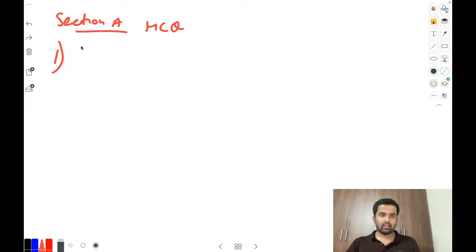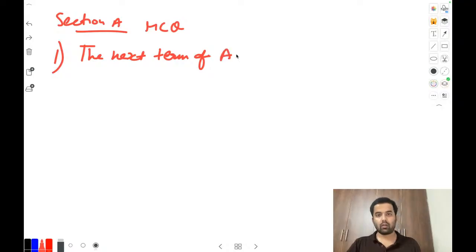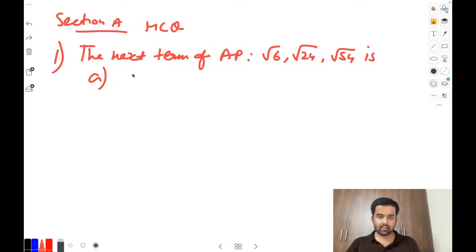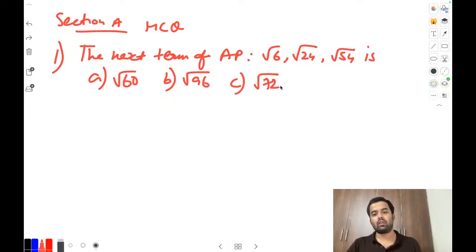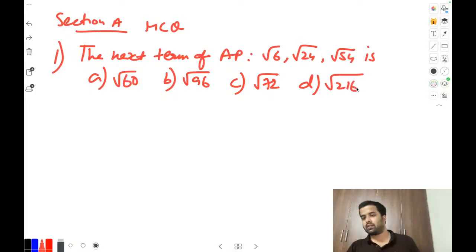The question is: the next term of the AP √6, √24, √54 is. I'm keeping the options below. A option is √60, B option is √96, C option is √72, and D option is √216. Figure out the answer.